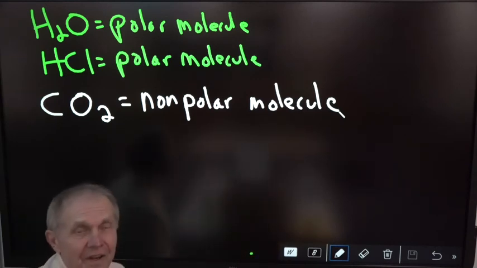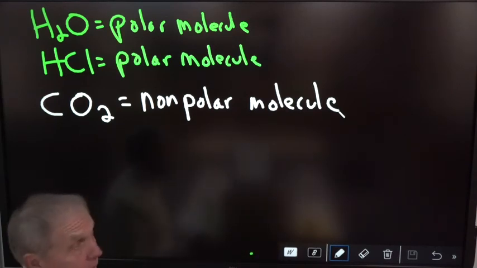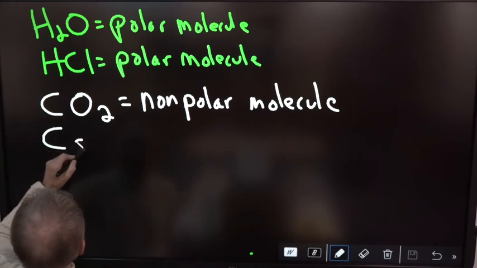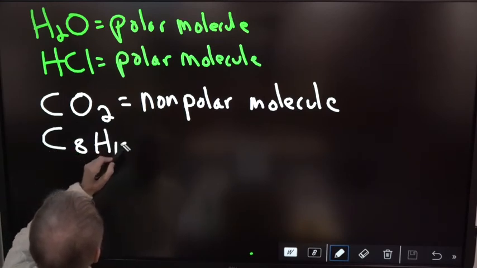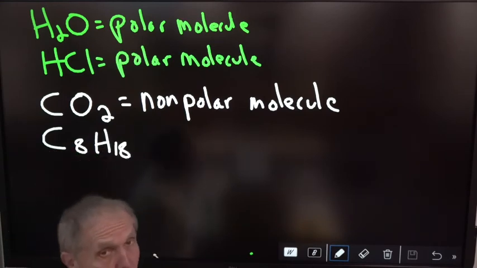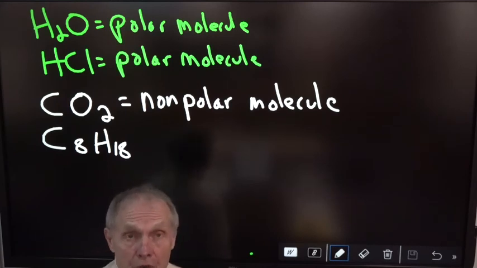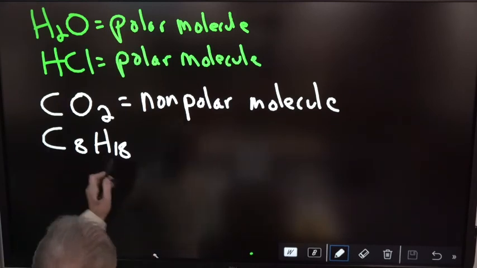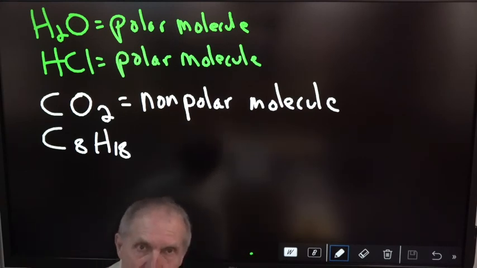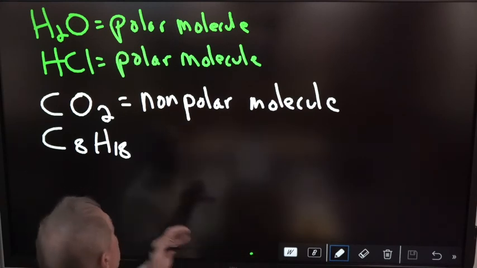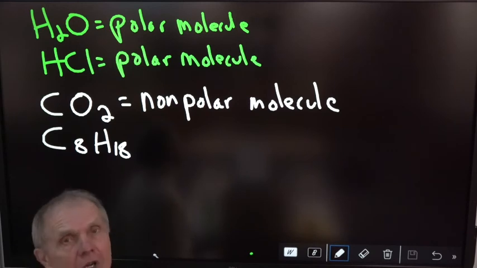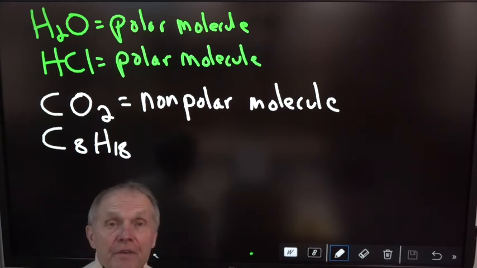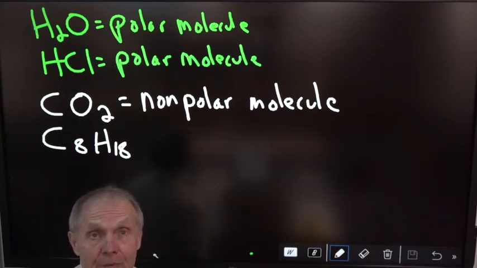All right, now the next one is a crazy one, C8H18. Now, I'm not going to electron dot it, but I'll show you the stick figure of C8H18. Well, first of all, C and H are 2 nonmetals with different electronegativities, so it's going to have polar bonds. But now we have to see if the molecule is symmetrical or asymmetrical.